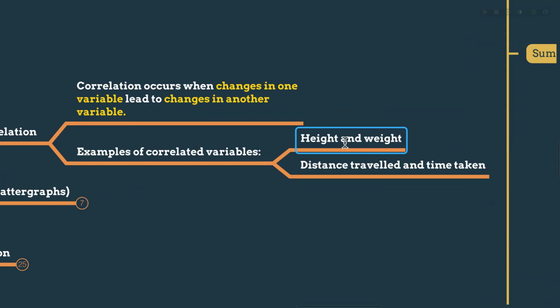That's what the doctors are mentioning: you have to have a weight according to your height. Another is the distance traveled and the time taken. Google Maps shows how much time you are going to take if you take your vehicle a particular distance. So these are related to each other. That's what we are calling a correlated one. I hope I'm making sense. So let's move on.